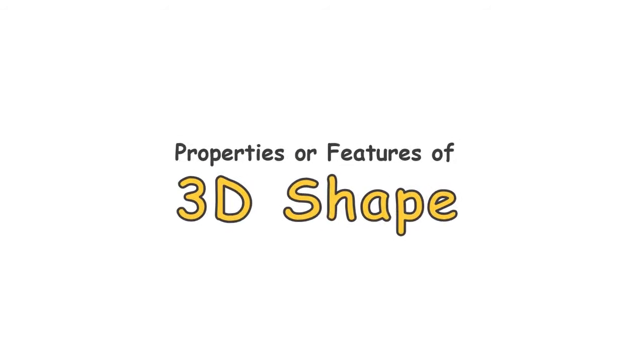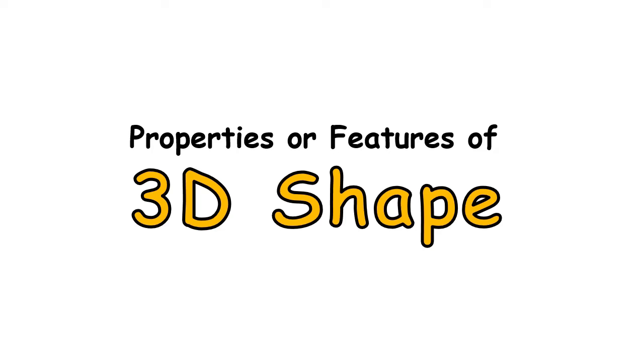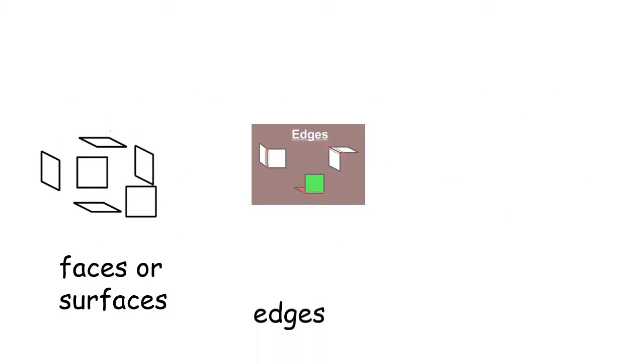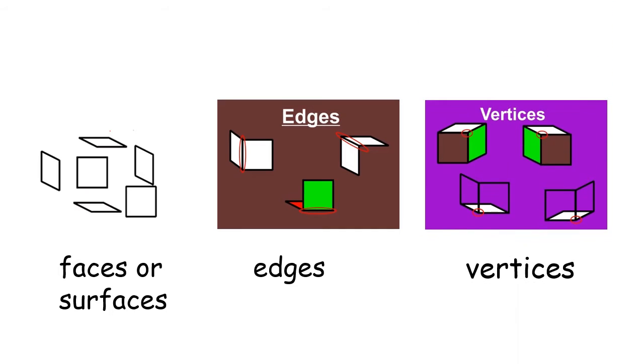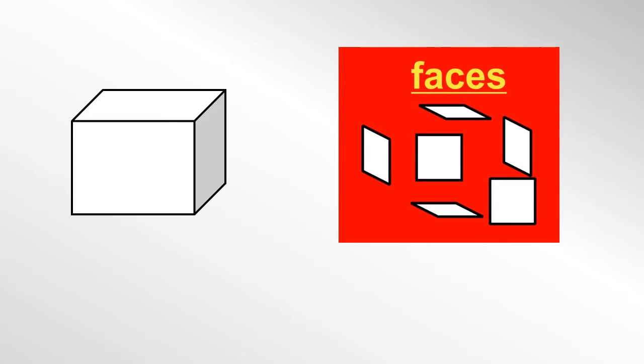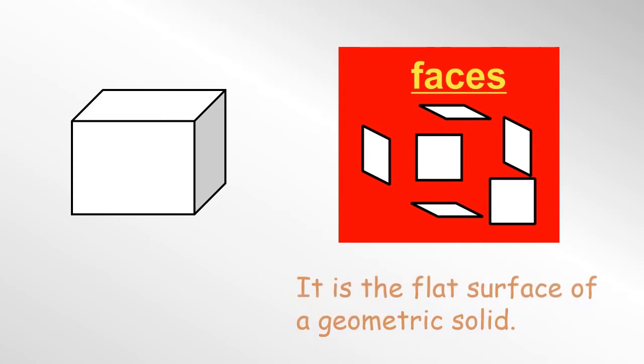Properties or features of 3D shapes. The properties of 3D shapes include faces, edges, and vertices. Now, let's take them one at a time. Face. Face is the flat surface of a geometric solid.